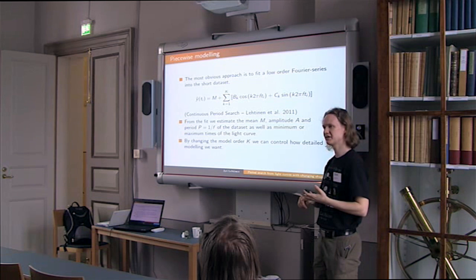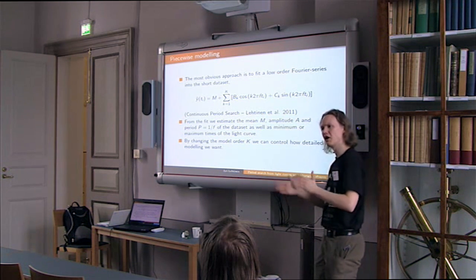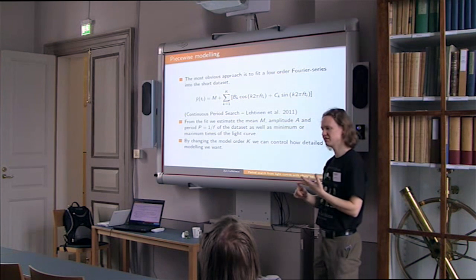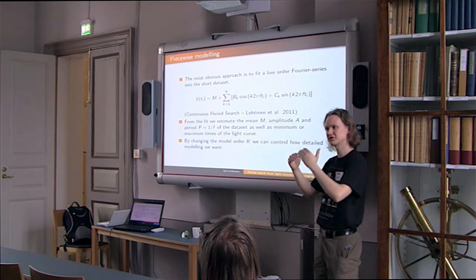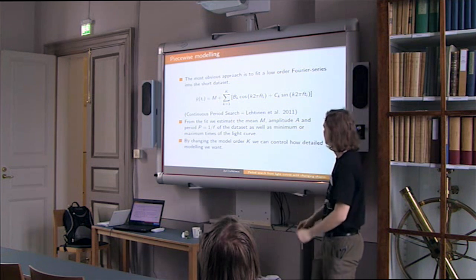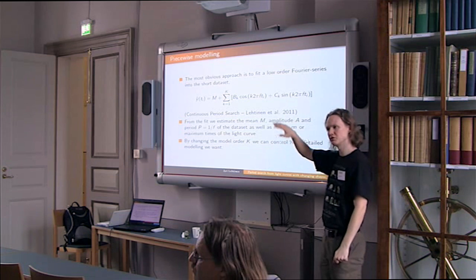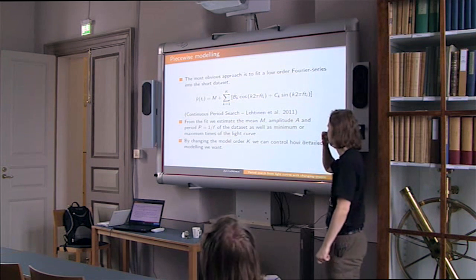So it has twice the frequency, so half the period. And when you have first and second order, that means that you can have some shape variations within the curve. Then this large K is the limit to which order you want to go.